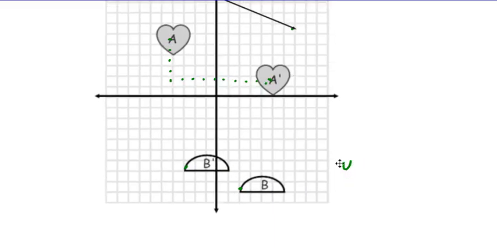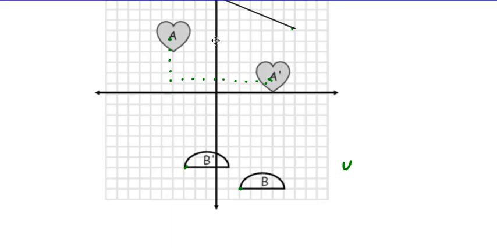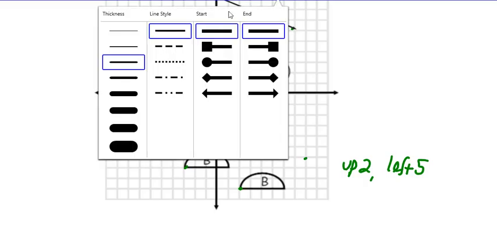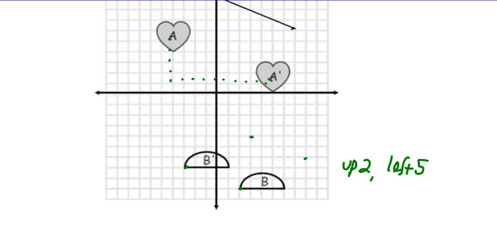So I'm going to do that somewhere on the graph. Start here, up 2, left 5, and get a line. You need to make sure your arrow points in the right direction. It's a little hard to see the arrow, so I'm going to add a little arrow on it, so we know which is the beginning, which is the end. There we go.